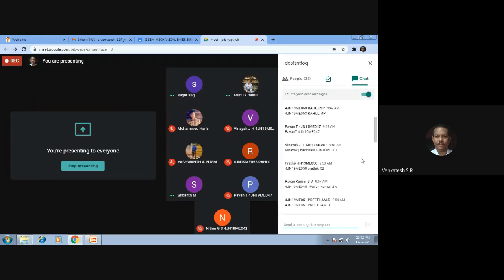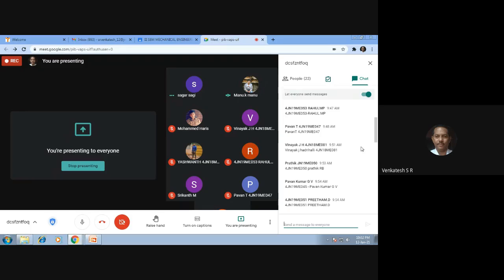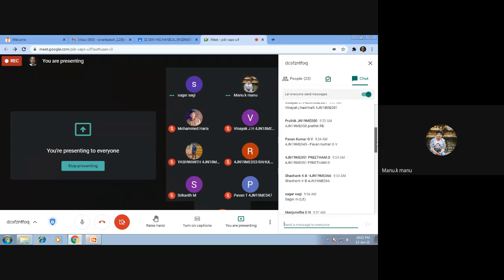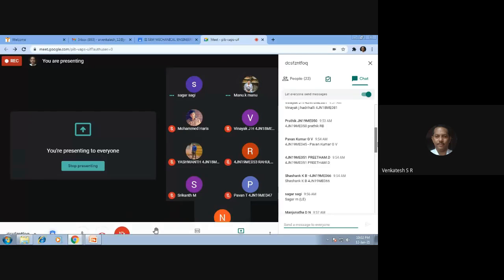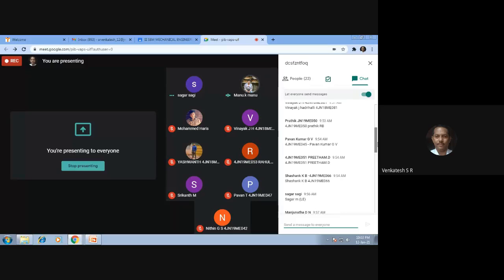Pratik JN, Pawan Kumar, Pritam D, Shashank KB, present, sir.